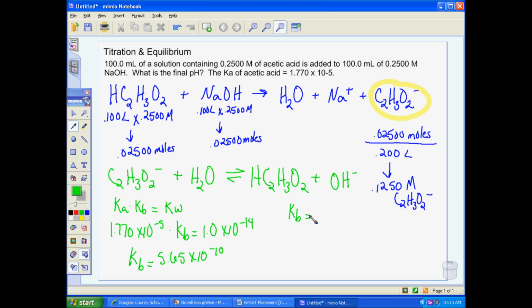The Kb is going to be equal to the concentration of acetate. Remember, it's always concentration of the products times each other over the concentration of reactant. So now we just need to substitute our values in.